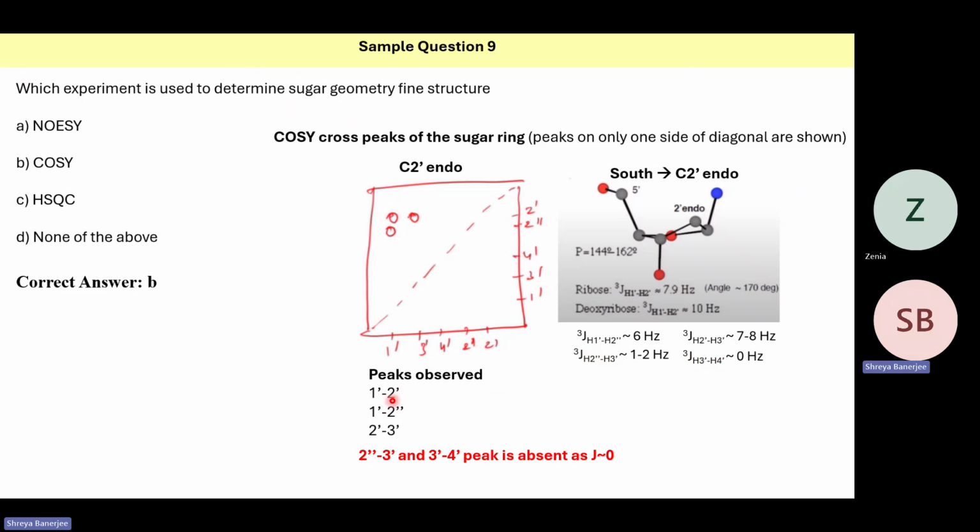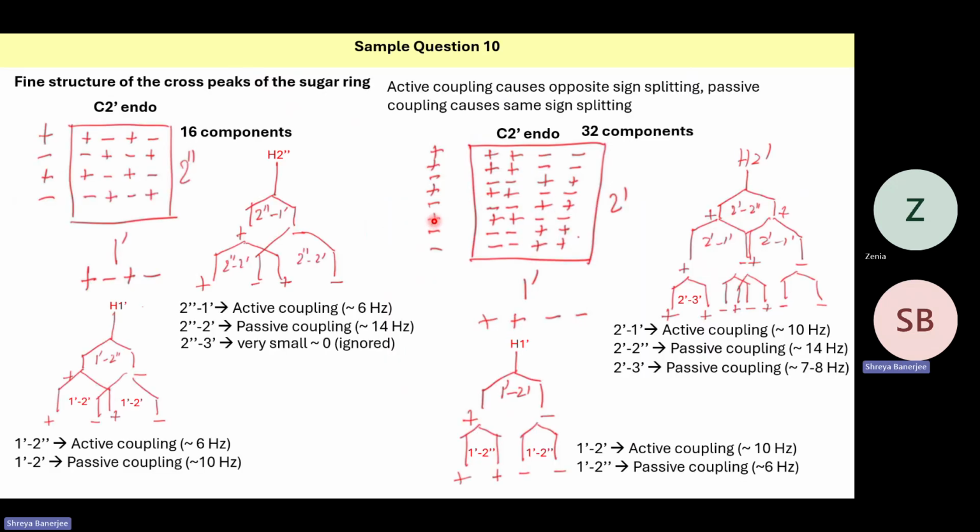The only peaks observed are 1 prime 2 prime and 1 prime 2 double prime, so these two, and 2 prime 3 prime. So these 3 peaks are observed in COSY, and the fine structure can be calculated. We have already seen that before, that using the active and passive couplings, the sign can be determined, and depending on that magnitude, it will depend whether there will be this kind of a crossing or no crossing.